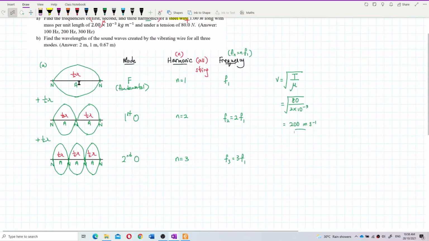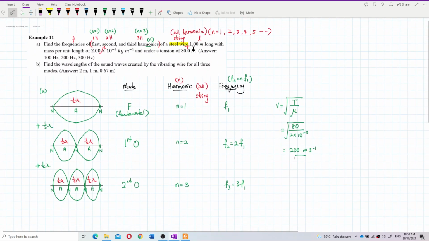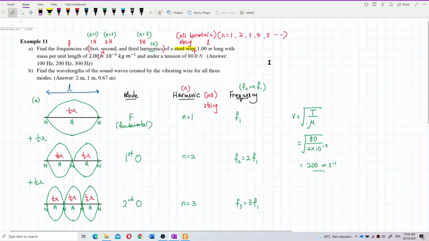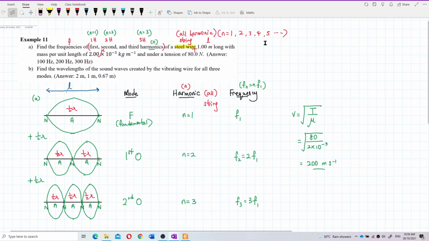So I look at the first one. I got the length of the wire, isn't it? This is the length of the wire from here to here. For all 3 strings, the length of the wire is the same for all modes. So the length of the wire is 1 meter.